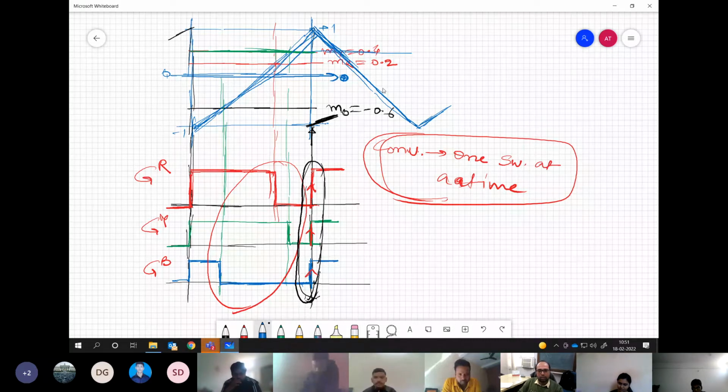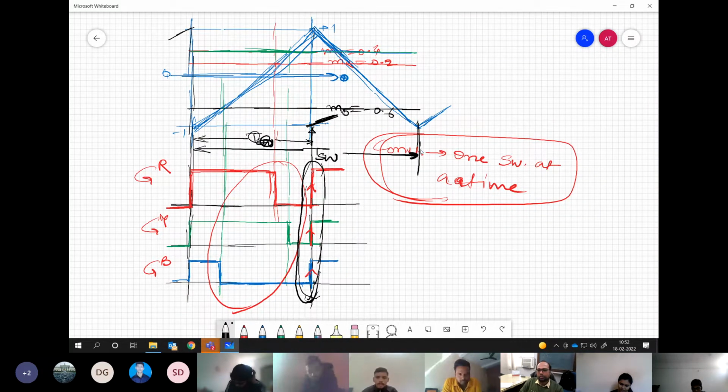Let's say you extend the modulating signals for this complete duration. Now our switching cycle will be considered as this, because one on and off is one cycle, correct?